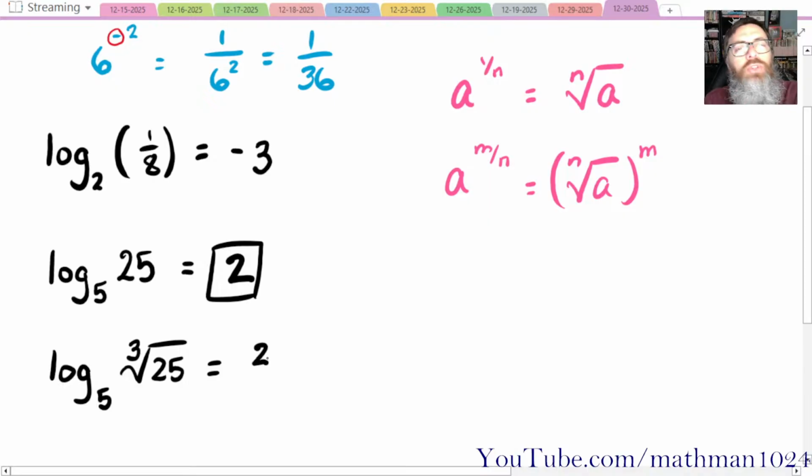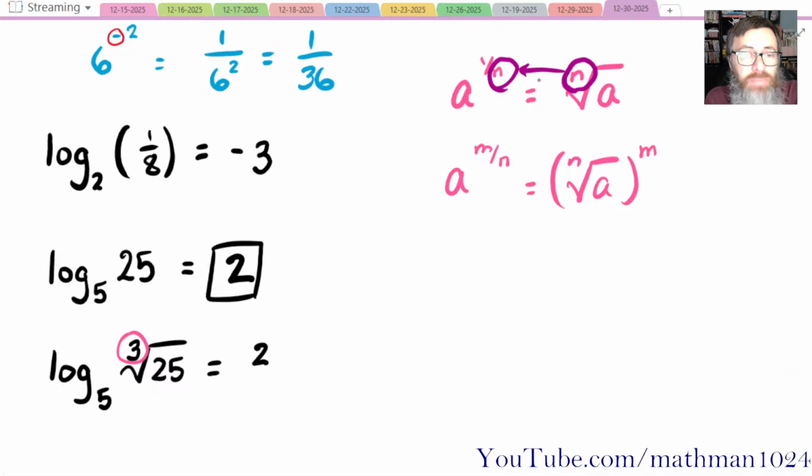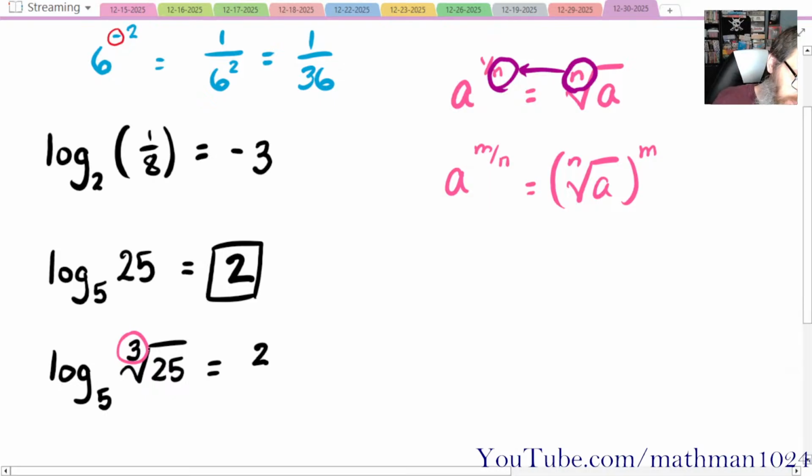But what would you have to see for a power that gives you the cube root? How do we end up with a cube root? Well, check what we did over here. The index for your radical indicates the denominator for your power. And since the answer to the log is the power, that means that this index is going to be the denominator of my answer. So it's going to be 2/3.